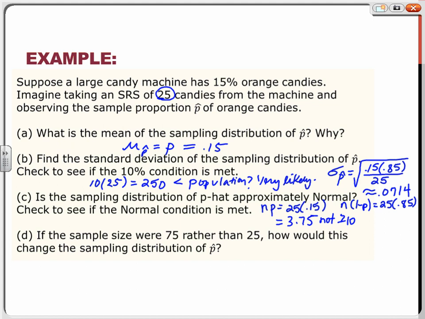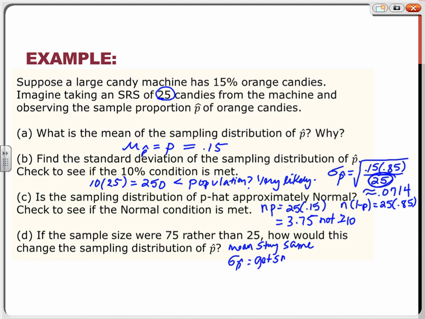Part D: if the sample size were 75 instead of 25, how would this change the sampling distribution? Well, would it change the sample mean? The mean would stay the same. What about the standard deviation? If we increase the number we're dealing with, it's going to get smaller.